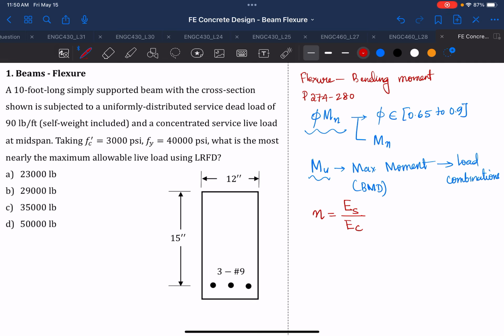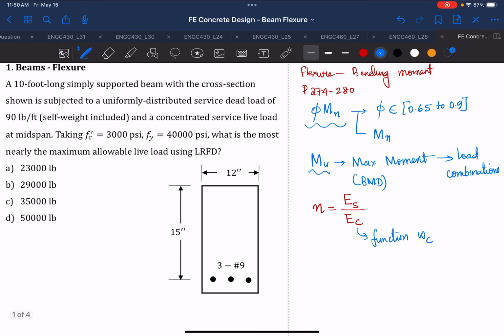In your FE manual, it is given what Ec is, and Ec is a function of your water content. So just keep in mind that you can expect an equation for the modular ratio, Es over Ec. And where to find Ec? You can find it in your FE manual. The equation is given there, related to your water content.